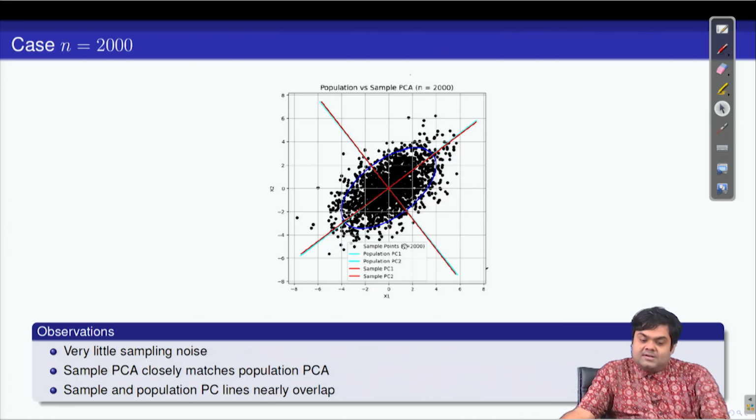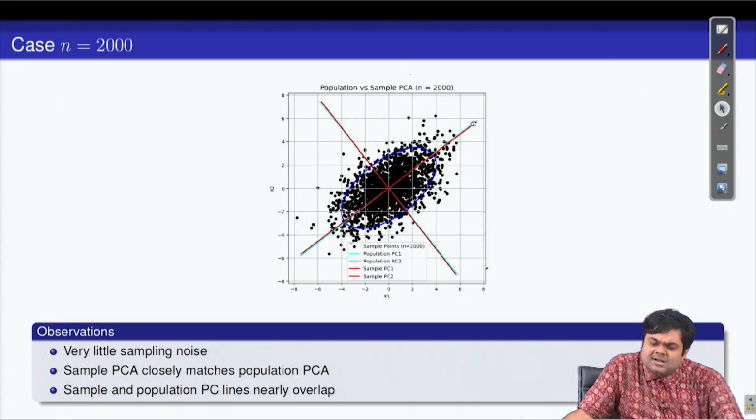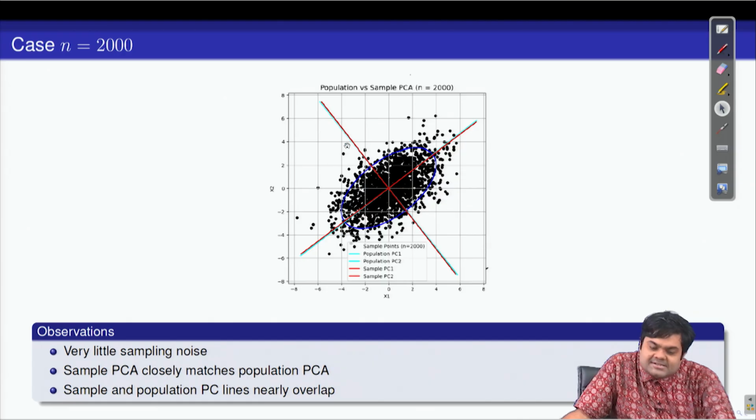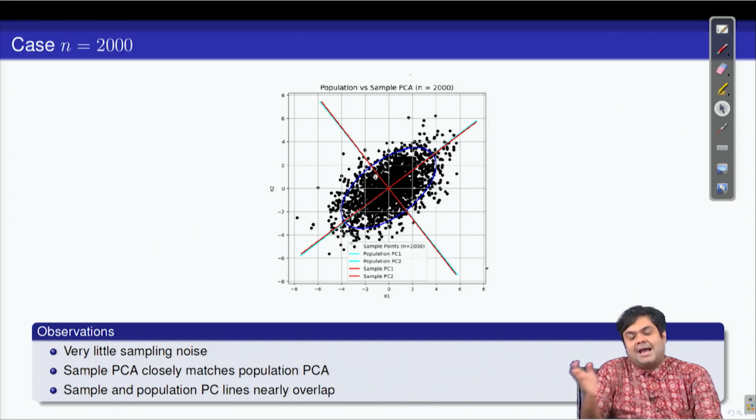Same colors, population PCAs are light blue, they are just hidden somewhere here. If you look very carefully, you can still see them, but the dark red sample PCAs are almost lying on top of the population PCAs. It is happening because sample size is very large. So, the sample essentially becomes the population, and sample PCAs become essentially population PCAs.